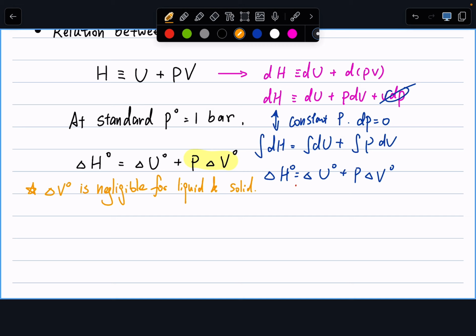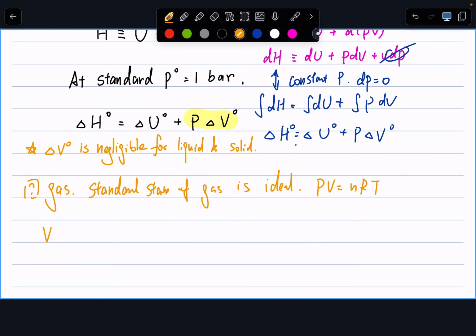And what about gas? Right, that's a very good question. What do we know about the standard state of gas? The standard state of gas is ideal. So what do we know? We have PV equals nRT. Or the other way to put it is, if we think about V naught at constant pressure, R is a constant.